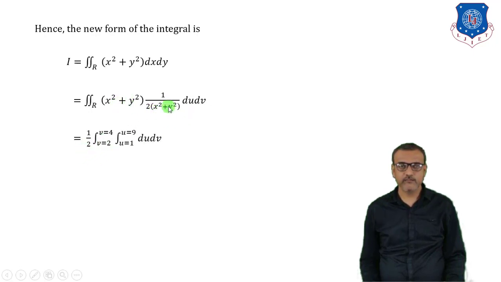Now x square plus y square cancels out, 1 upon 2 stays as it is, and we integrate from v equals 2 to 4 and from u equals 1 to 9, du dv. Now this equals the integration of 1 with respect to v, that is v, with limits 2 to 4, and the integration of 1 with respect to u, that is u, with limits 1 to 9.